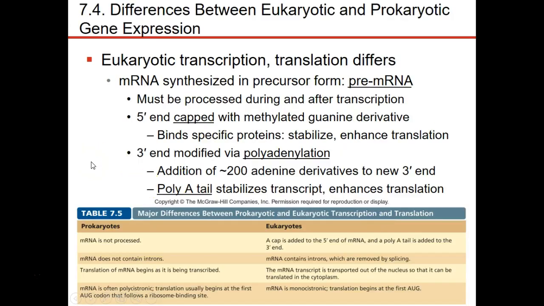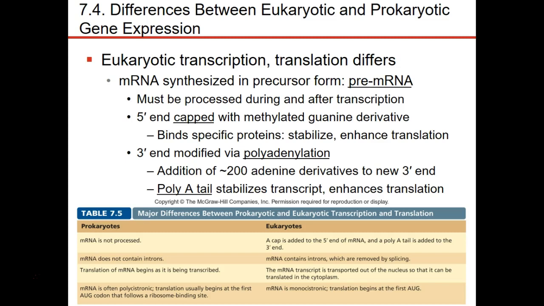In eukaryotes, this is a little different because in eukaryotic DNA, we don't have 100% of our DNA coding for proteins. So the first thing we have to do is we have to get rid of the regions of our DNA that didn't code for protein that we transcribed.